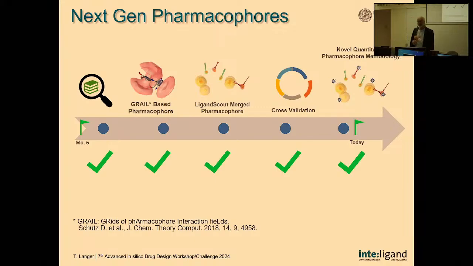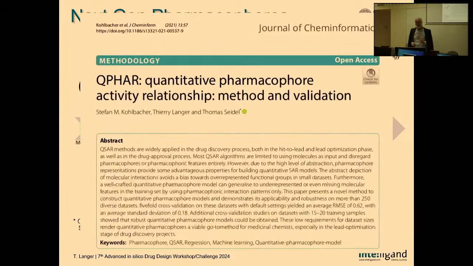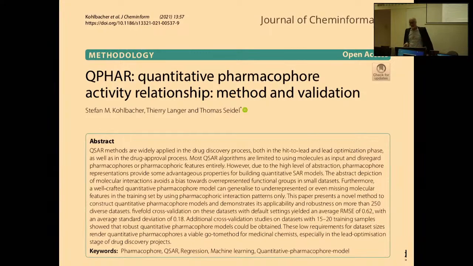And then we generate this merged pharmacophore out of it. Then we do a clustering and feature selection and put weights on the features. And this method has now been published. It's also available on GitHub, so you can run it outside of Ligand Scout if you like.